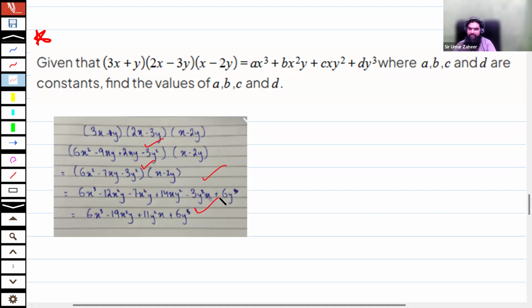Yes, you have expanded correctly. Now do the comparison. Yes, Shazimul, you are doing? Yes, sir, I will do. Okay. Yes, Ishal, what about you? I'm also doing it. Okay.